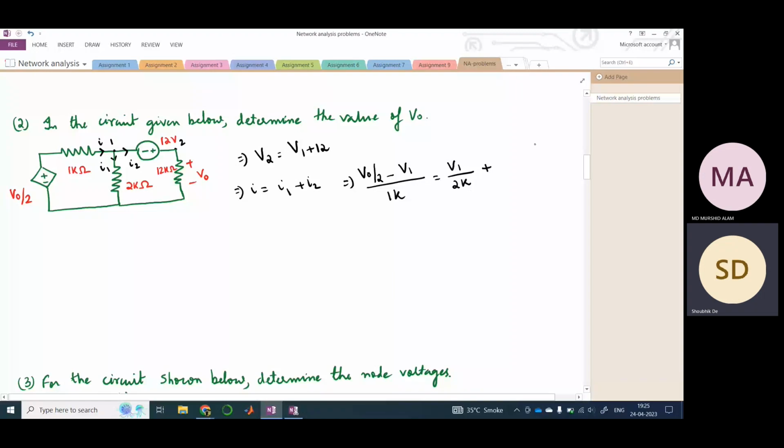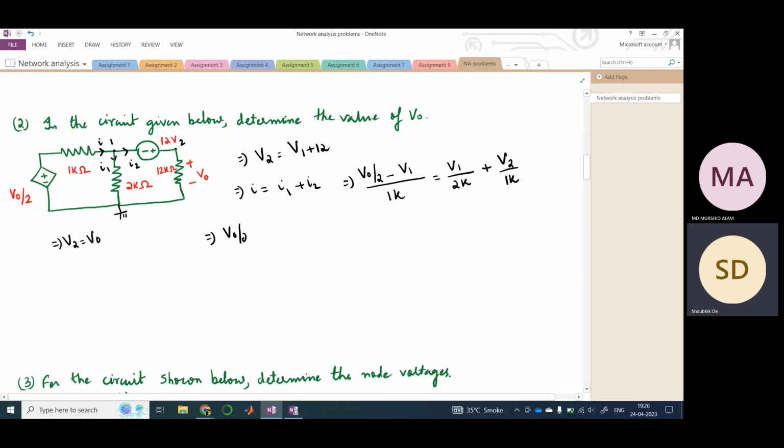It is I2, right? So we can directly write V2 by 1K, right? Now, if you see, this V2 would be equal to V0, because V0 is the voltage applied with respect to the reference node. So now we can directly solve this. So V2 is equal to V0. So this would be how much?